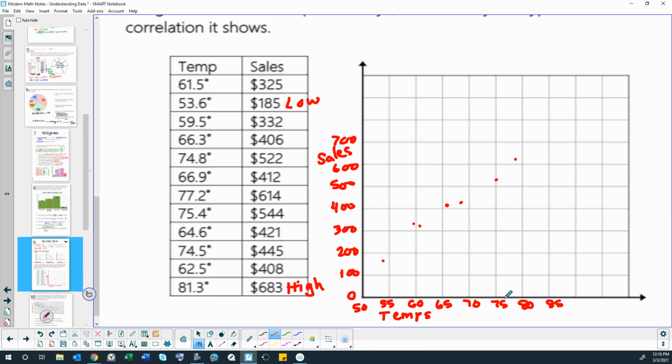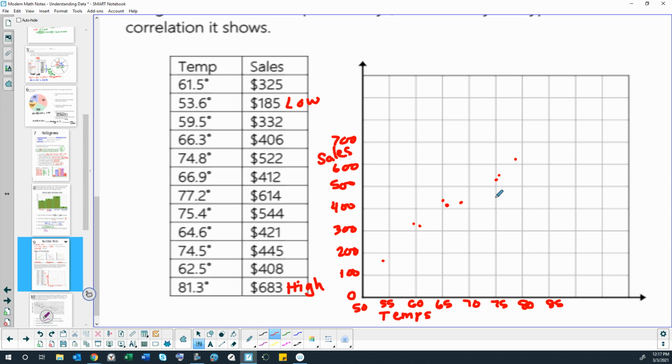75.4, and that one's at 544, so maybe around here. And then 64.6, so approximately 65. That one's up at 421, maybe around there. 74.5, we have lots of approximately 75 degree days.